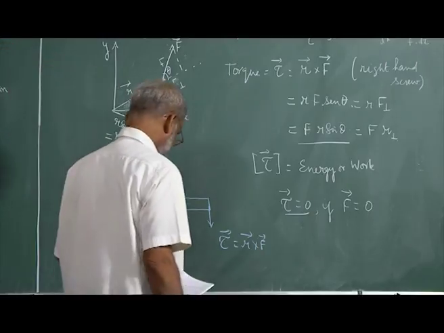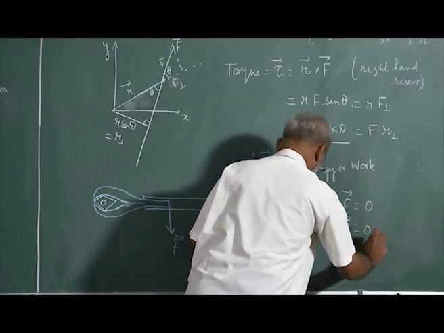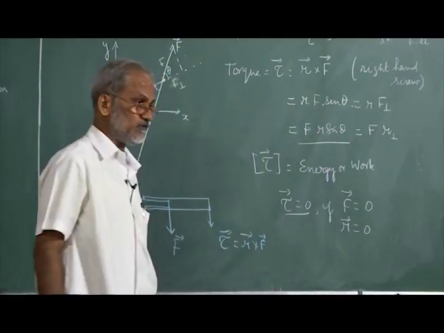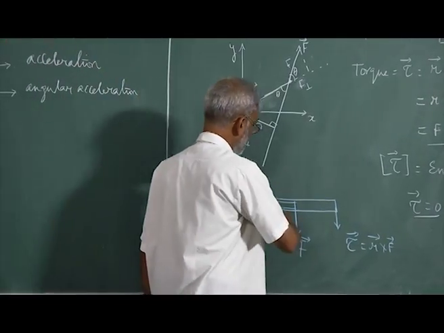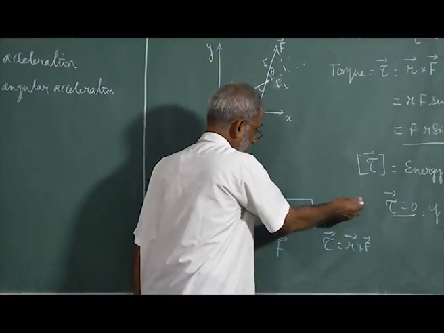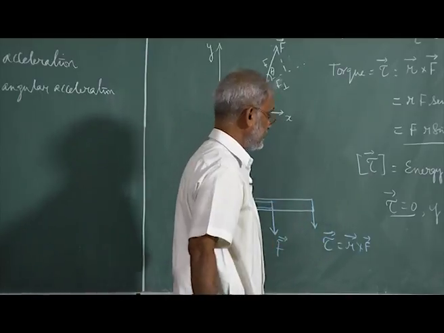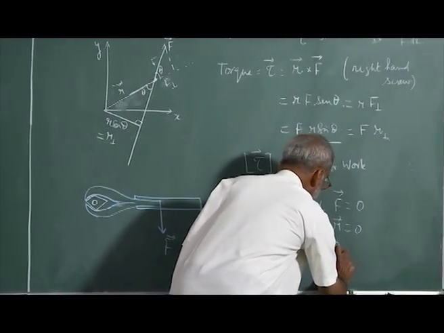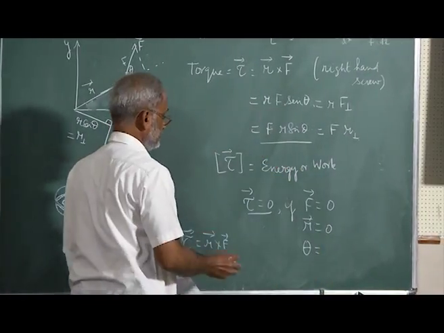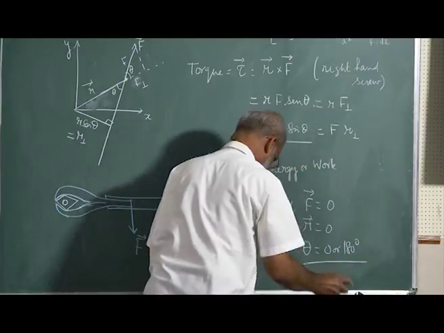On the other hand, if r is equal to 0, that is, the line of action of the force passes through the origin, then there is no way it can rotate. The other case is when the angle between these two is 0 or 180 degrees, is it right.